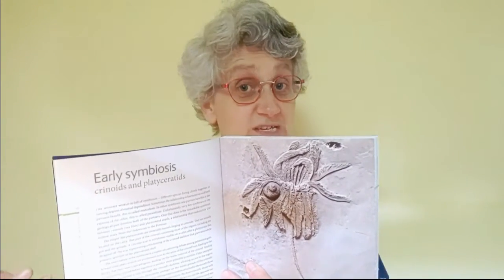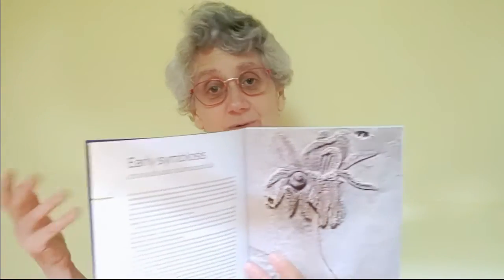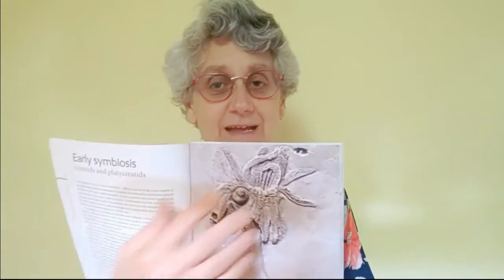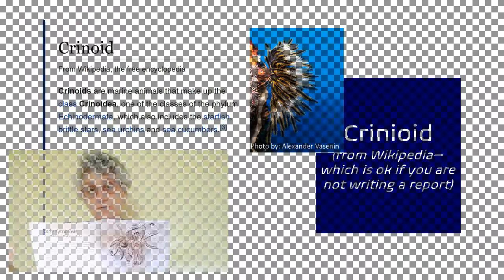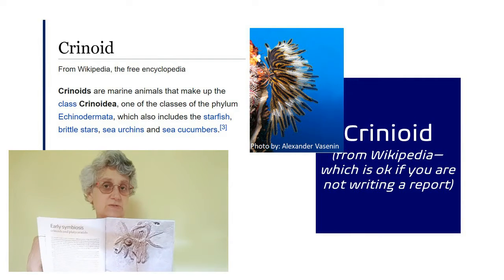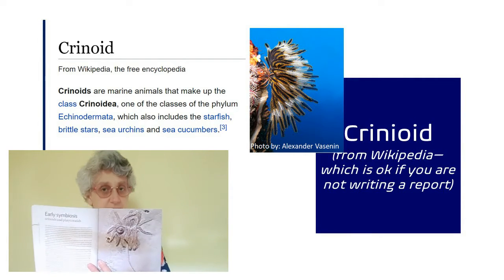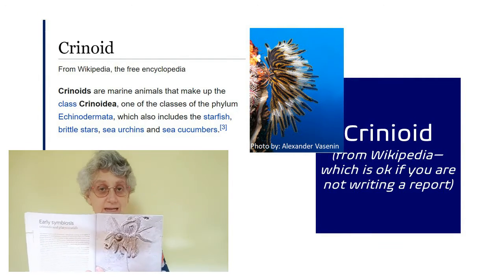And you see the word sea lily and you think, ooh, plant. But if you look it up, you find out that a crinoid, this plant, is actually an animal. It's related to sea cucumbers, to sea stars. It's a now extinct animal.